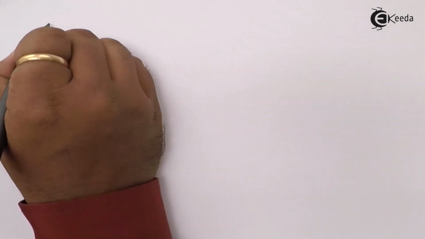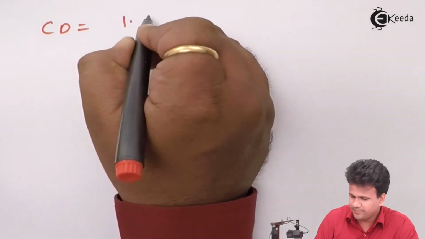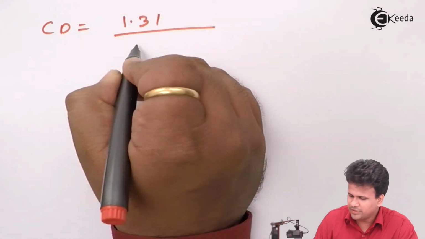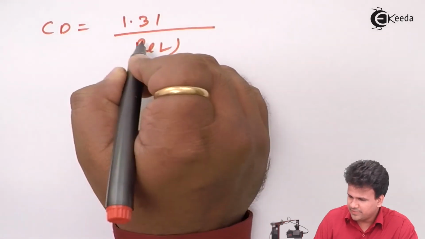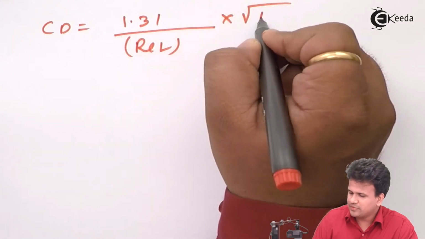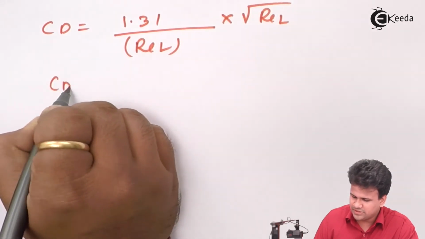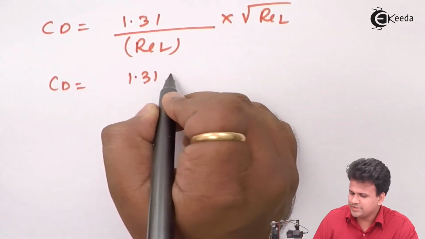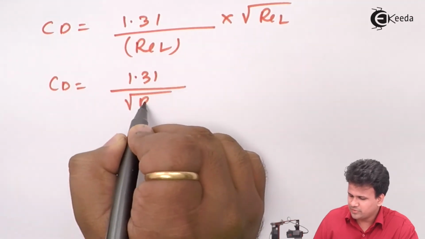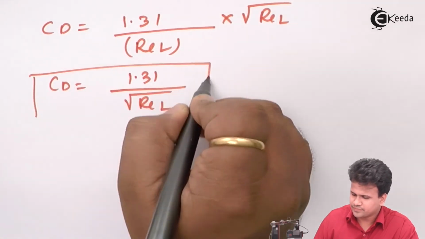So we get CD as 1.31 upon square root of ReL. So CD will be equal to 1.3 upon square root of ReL.